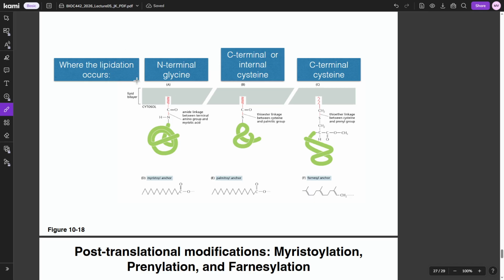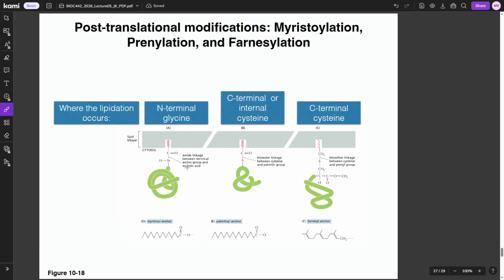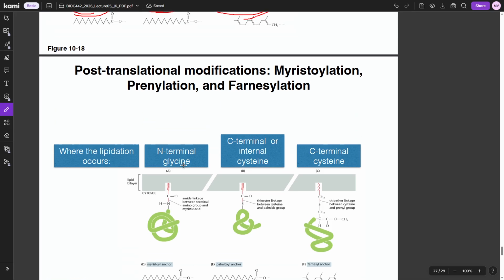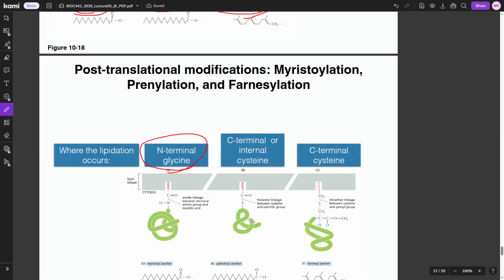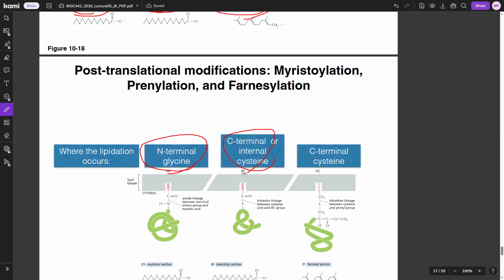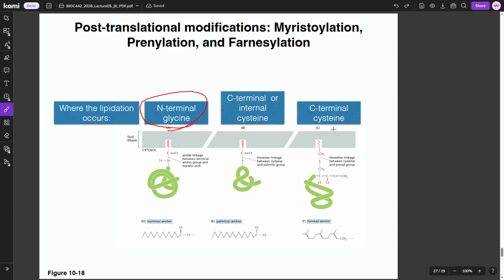And the locations where they occur are different. Myristoylation is at the N-terminal glycine. Prenylation is at a C-terminal or internal cysteine. Farnesylation is at a C-terminal cysteine. So there are a couple of things to remember.